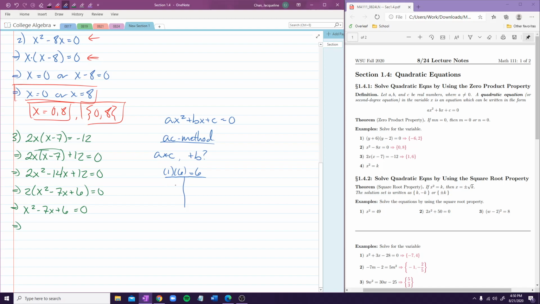Right, so let's start listing them out. You can do 1 and 6, but when you add those, and okay, and then we, let me rewrite this. We're going to multiply to be 6, and we want it to add to negative 7.